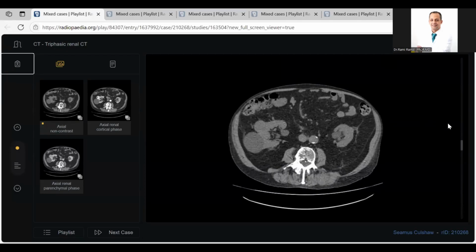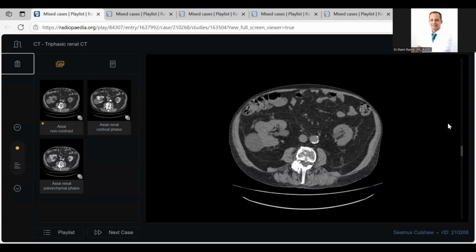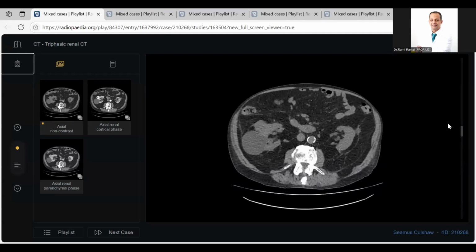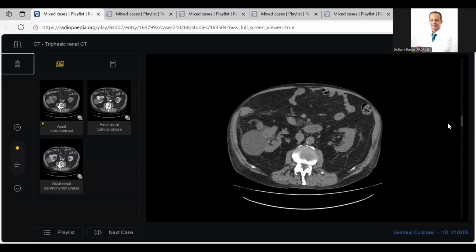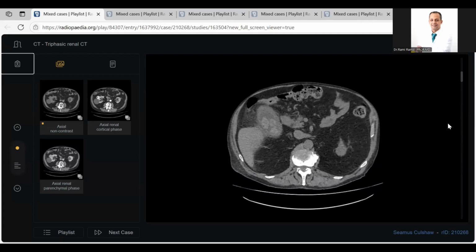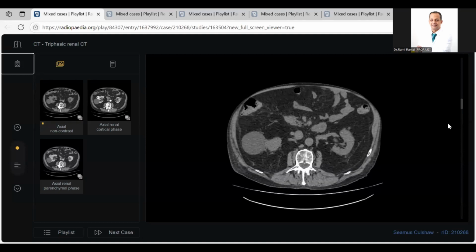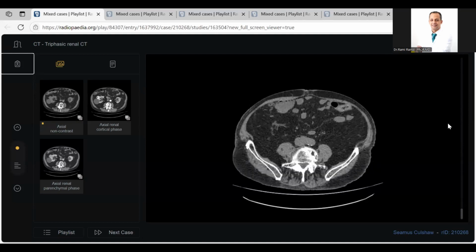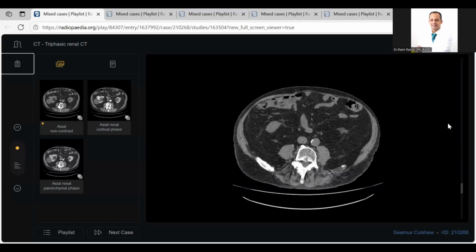In anterior relation to it, there is another cystic lesion showing some solid component as well. There is also some soft tissue density within the gallbladder lumen. Gallbladder margins are also blurry. There are multiple degenerative and aortic calcifications.